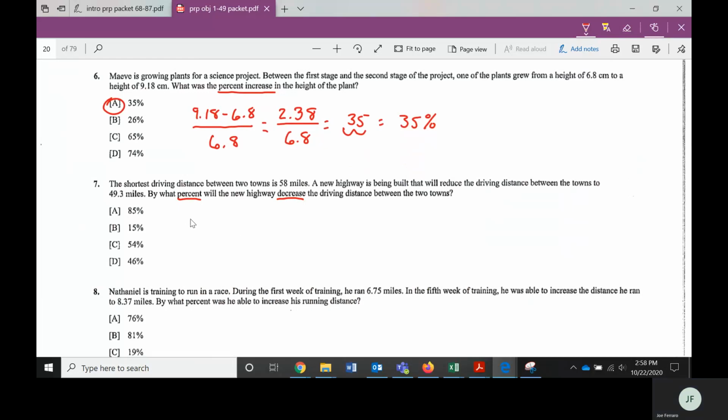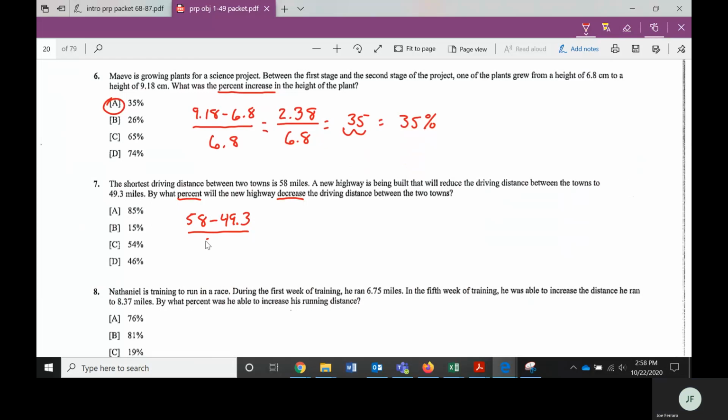So again, the top is find the change in amount. So you subtract the two values. Then the bottom is the original. It's going from 58 miles down to 49.3.